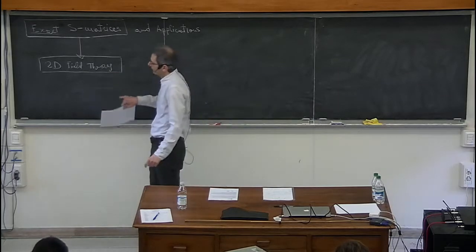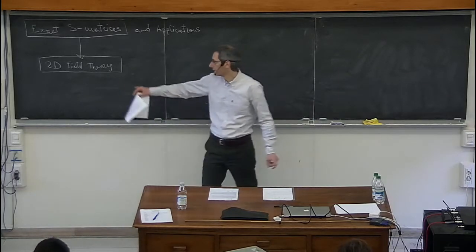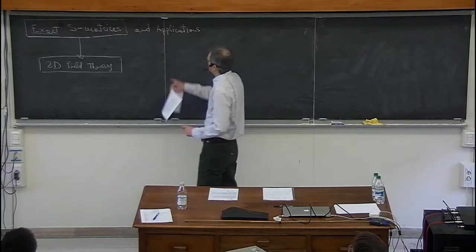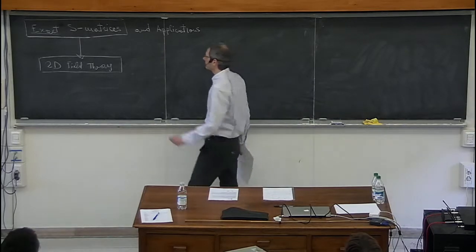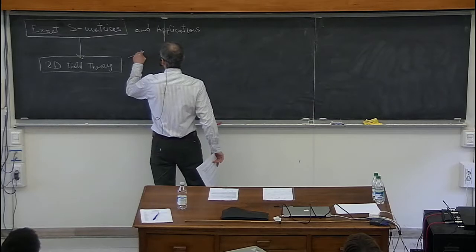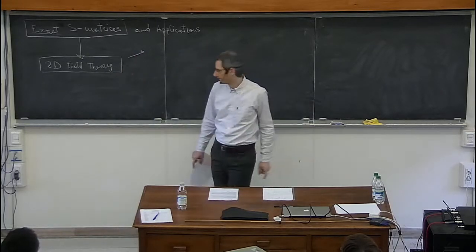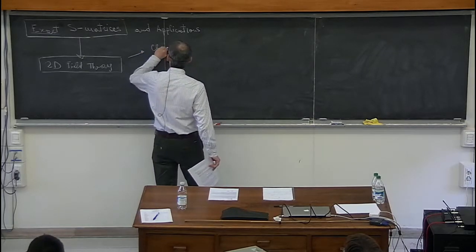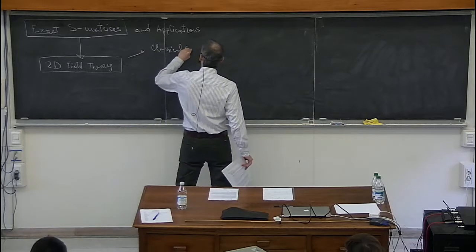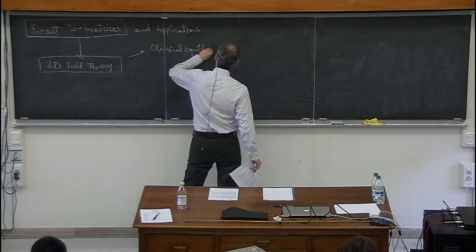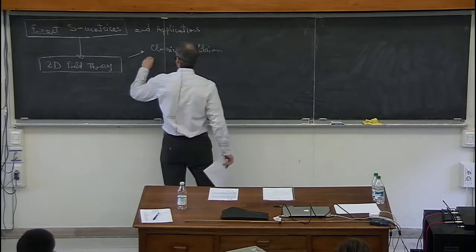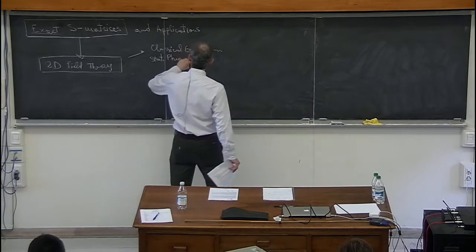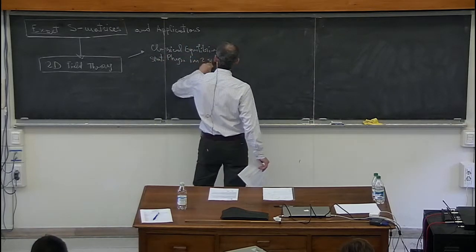So when we are in 2-dimensional field theory, there are, roughly speaking, 2 main directions we can take, moving towards applications. So it depends on how we use these 2 dimensions we have. The first one is to consider classical equilibrium statistical physics in 2 space dimensions.